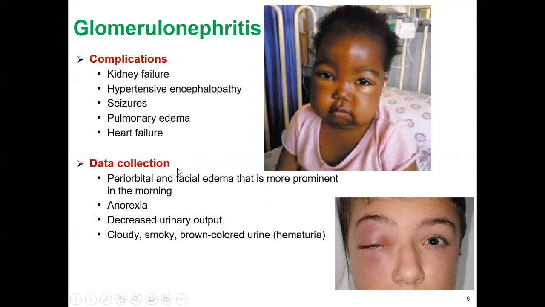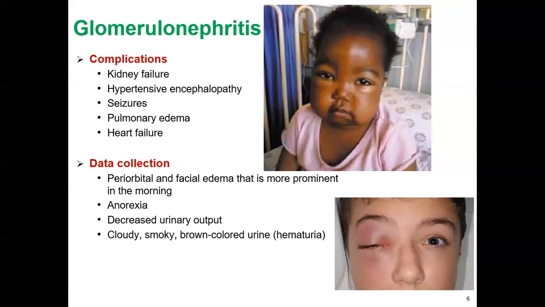So what is the data collection? Periorbital or facial edema that is more prominent in the morning. In this picture, we can see facial edema and periorbital edema as well. Anorexia, decreased urine output, cloudy, smoky, or brown colored urine.